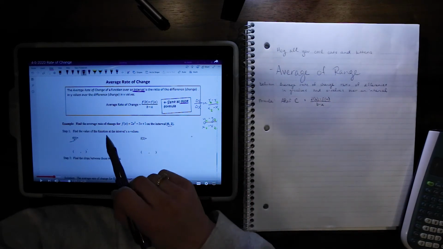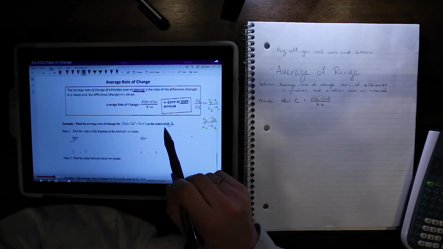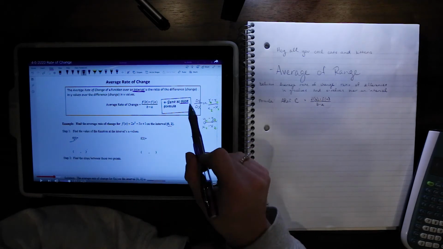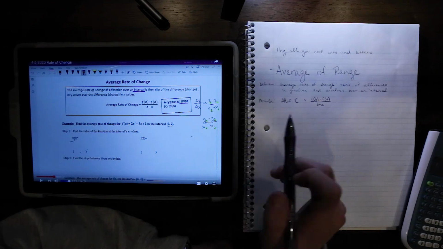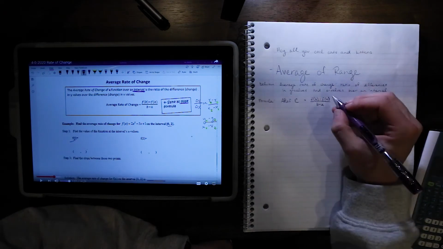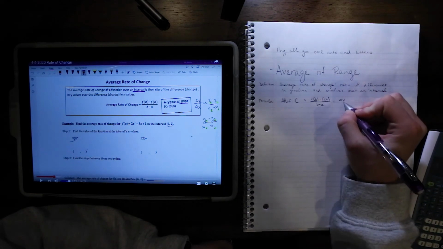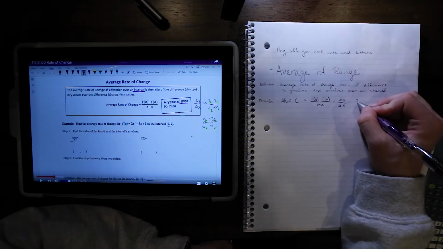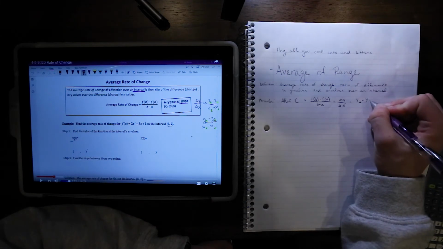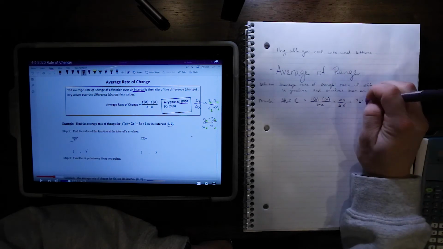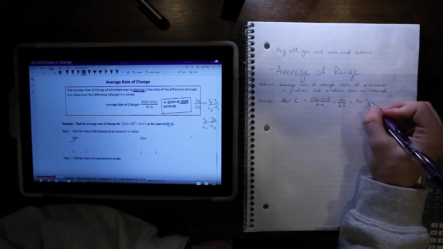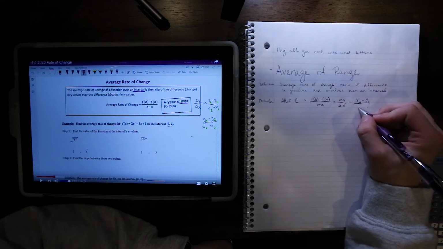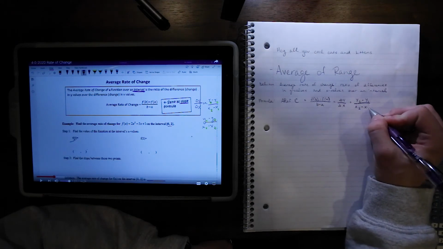You can cut corners on instructions and things like that, but you never want to cut corners and not write this. So if that's the formula, then I would write all of the things that Ms. Smith wrote as well, because these are all ways that you should know to represent this average rate of change, otherwise known as slope.